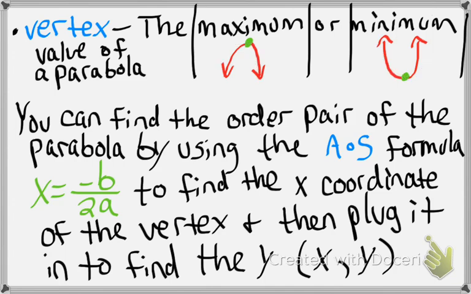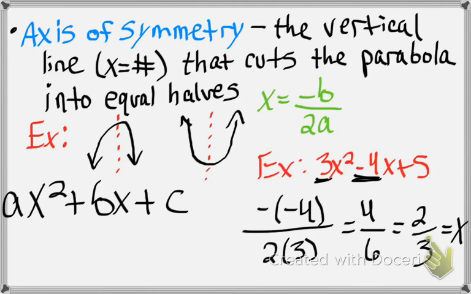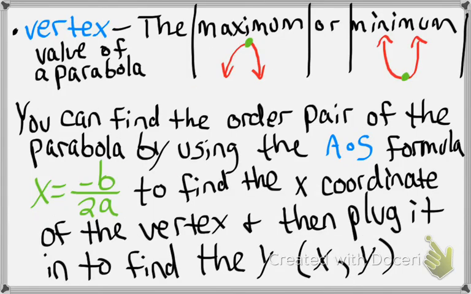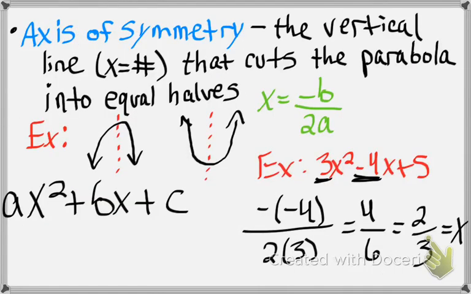Anyway, you can find the vertex by using the axis of symmetry formula we just said. Using that axis of symmetry formula, that tells you the x-coordinate. In that last example, it was 2/3. But to make our life easy, let's pretend it was 2. Let's say when we did this formula, we got x equals 2, for simple math, just to make a point. You would go back and you would take that 2 and plug it in for x.